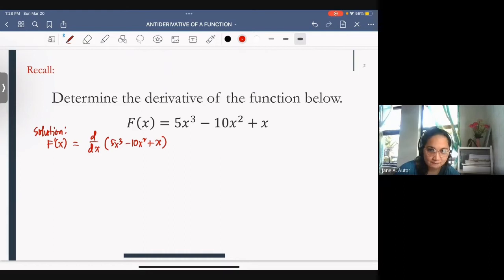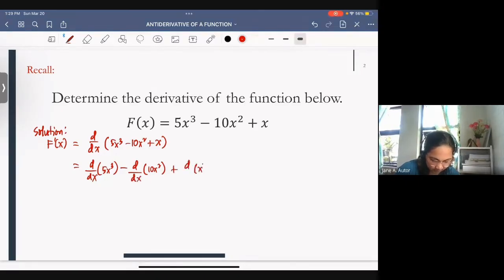Next, we will apply the sum and difference rule, which is applicable since this is a polynomial function. So we will have the derivative of 5x cubed with respect to x minus the derivative of 10x squared with respect to x plus the derivative of x with respect to x.